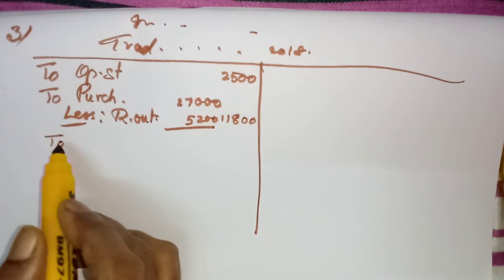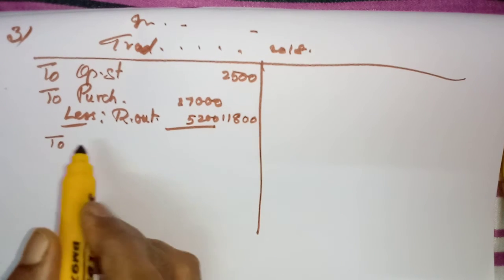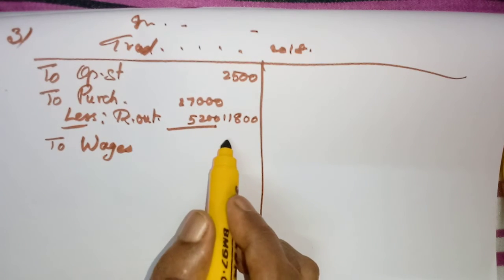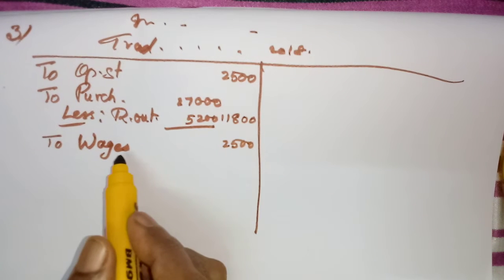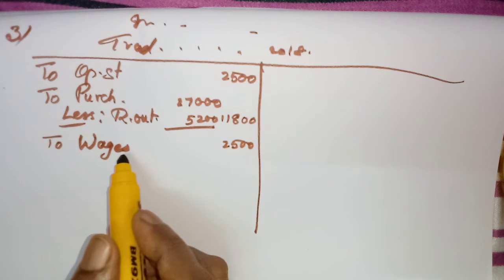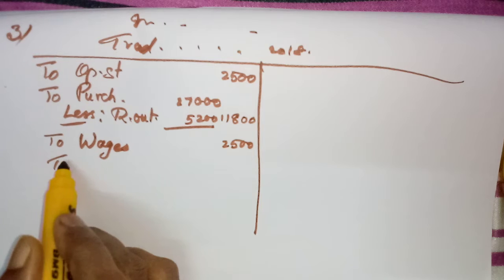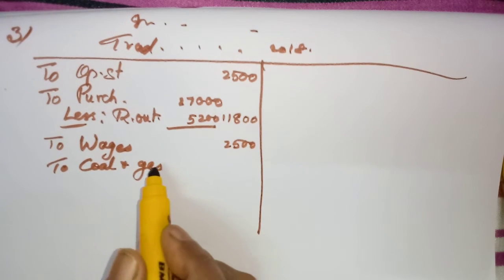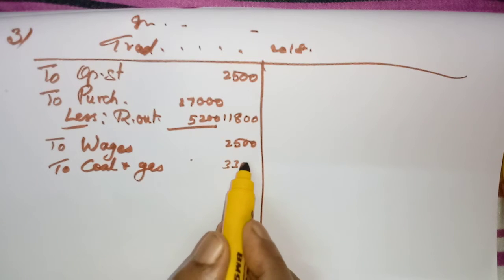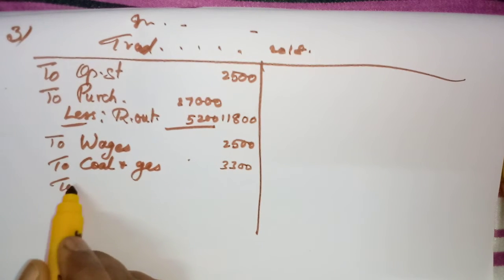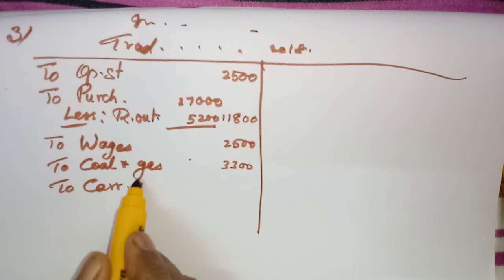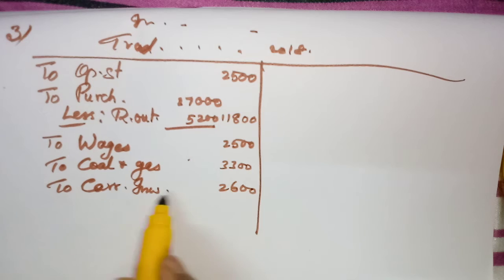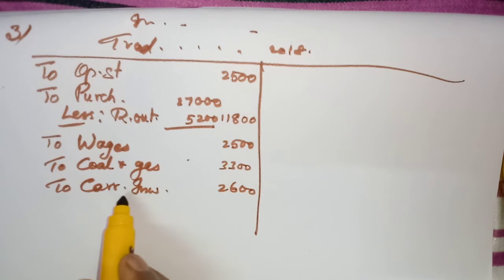Then check any direct expenses. Wages are given, so first you write wages 2,500. Then coal and gas, direct expenses, 3,300. Then carriage inward 2,600. All the expenses we have written.